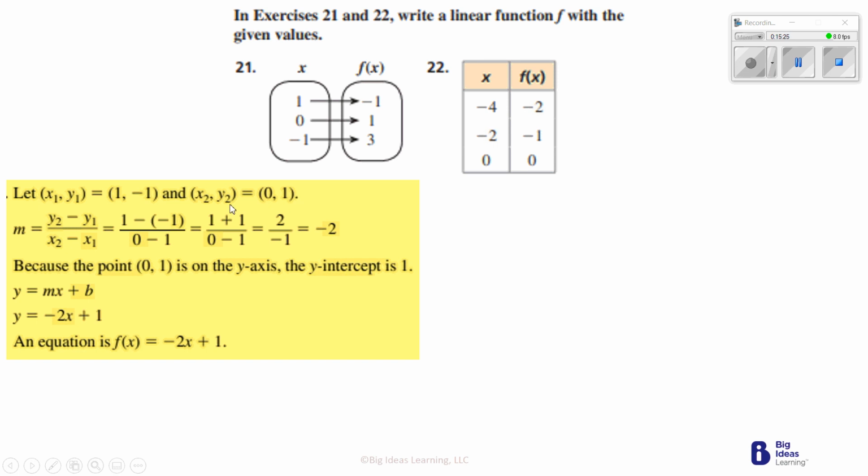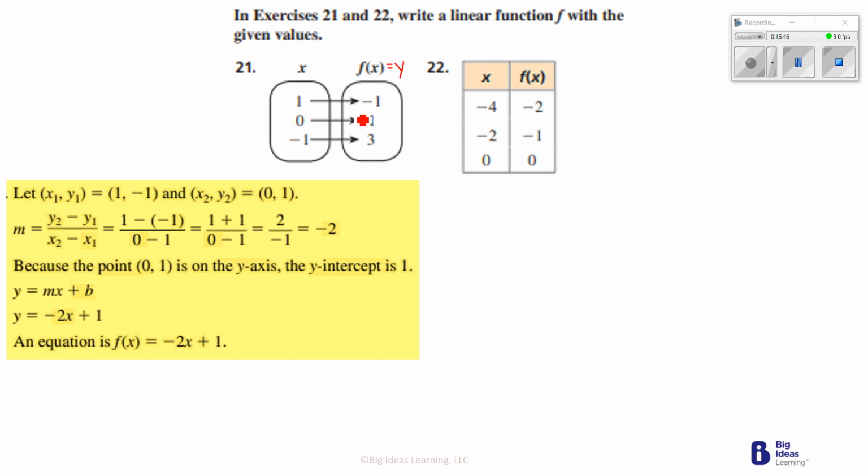Looks like I forgot to do the animation on 21, so the answer is already here. Let's just go through it. Write a linear function f with the given values. So on 21, we've got x and then f of x. Please always remember f of x is really y, okay?